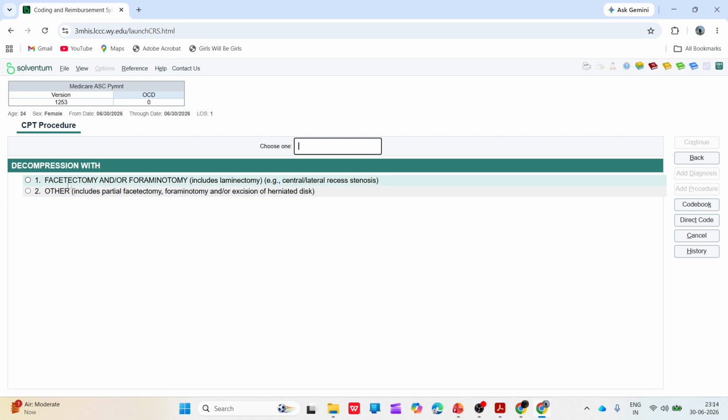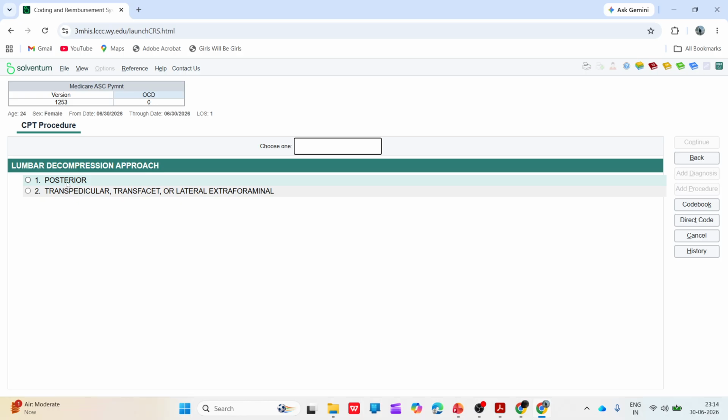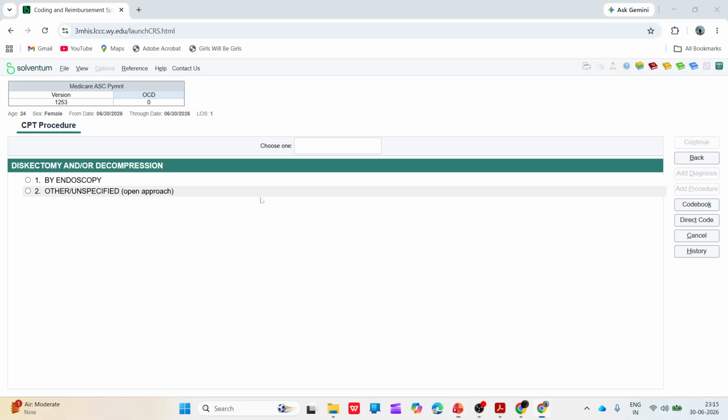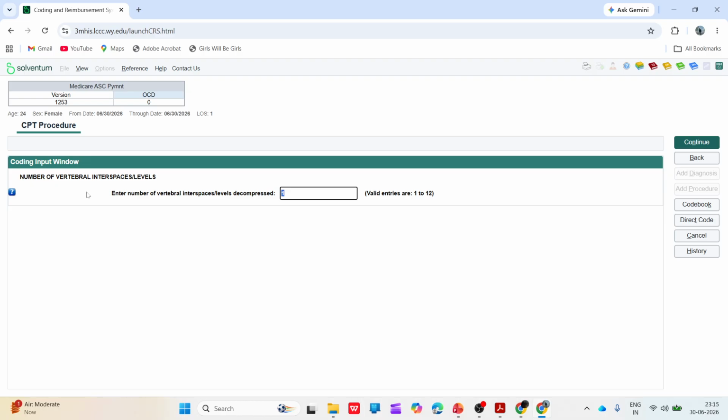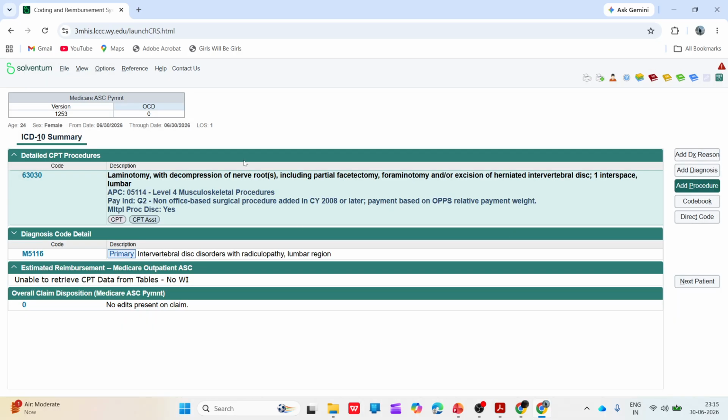And after that, we'll choose the lumbar region. Posterior side. Posterior why? Because it is in prone. Prone means posterior side. And after that, the posterior, other unspecified. Unilateral. Only one interspace. 63030.